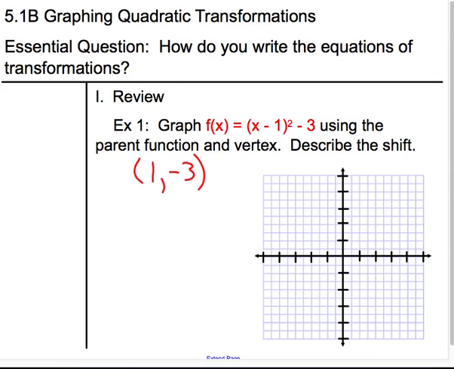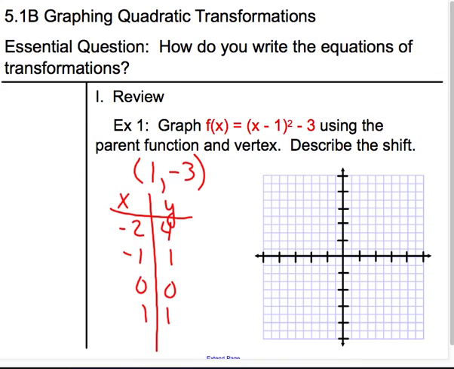So here's our vertex. Again, we use those ordered pairs from the parent function. But this time, instead of graphing ordered pairs, we're graphing direction. So instead of graphing the ordered pair negative 2, 4, we take our new vertex, which is 1, negative 3, and we shift 2 units to the left and 4 units up to find our new ordered pair.